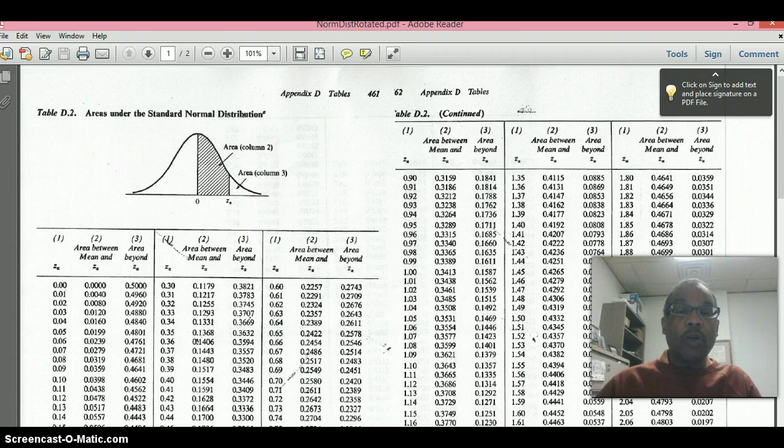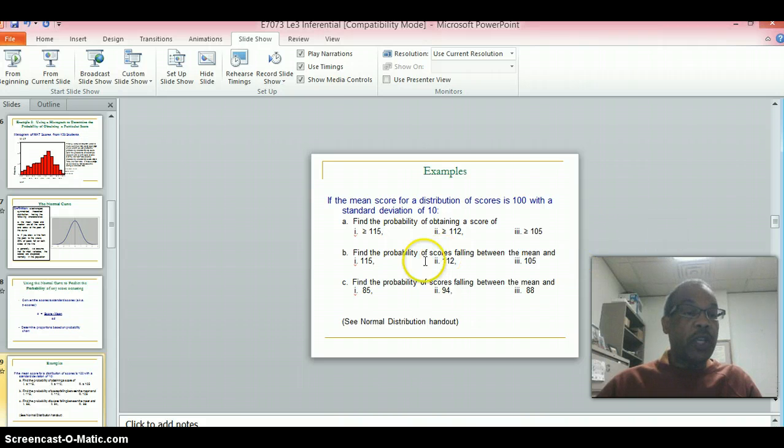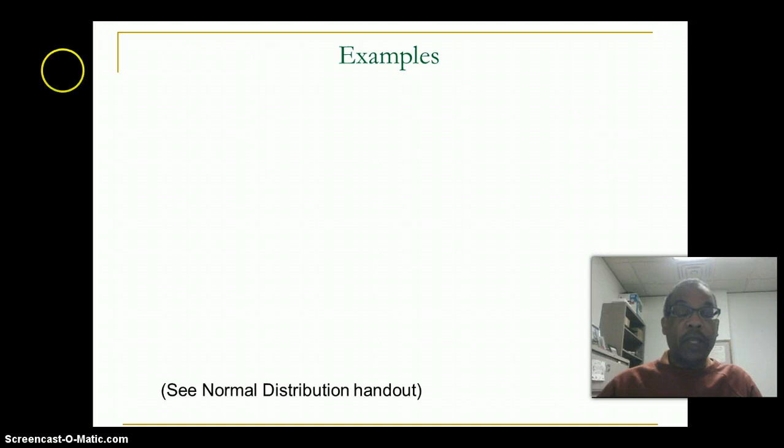Please print out a copy because it will be difficult for you to not have a printed copy in front of you. And you will also need some paper and a pencil to do some calculations, and you will need a calculator.